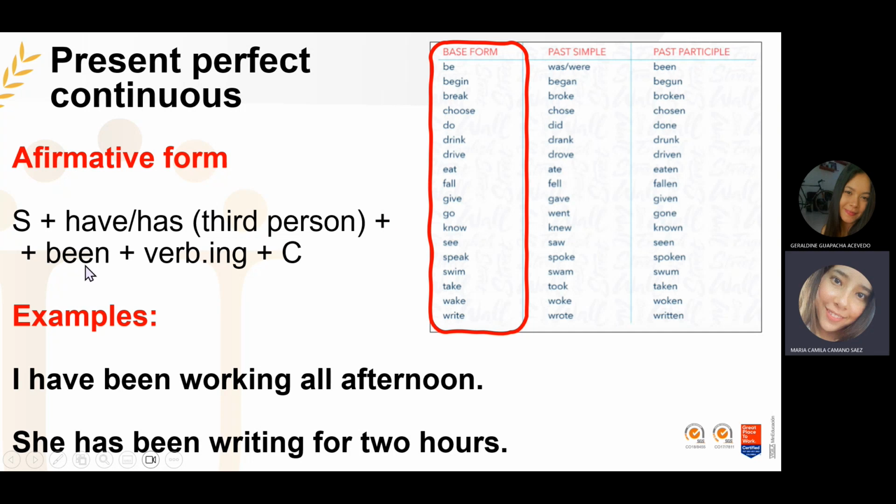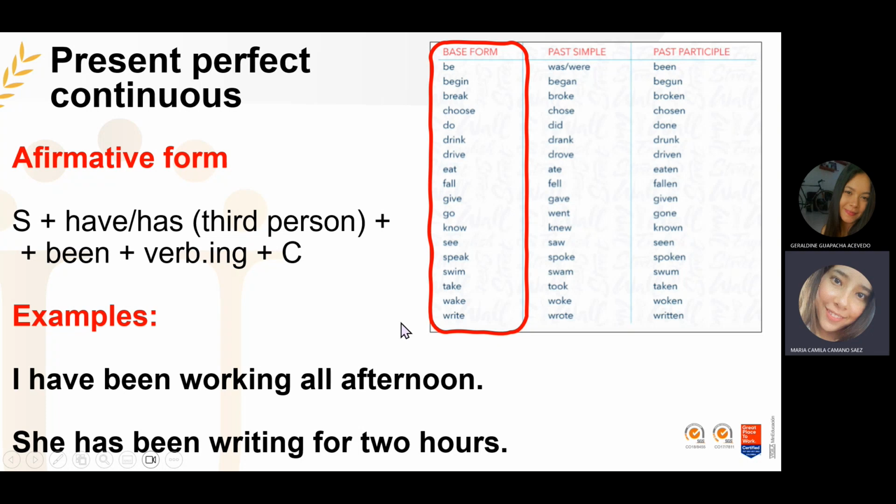Then we write been, the past participle of the verb be, as you can see in this list. Then the verb with ing and the complement. You use the base form of the verb, adding ing.